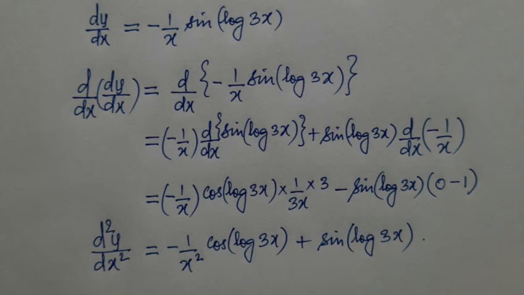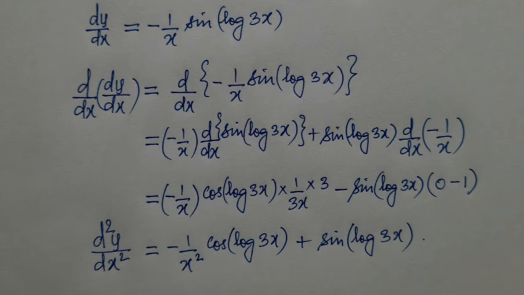When you apply the product rule, we leave aside the first function and differentiate the second function, plus leave aside the second function and find the derivative of the first function, which is minus 1 upon x.